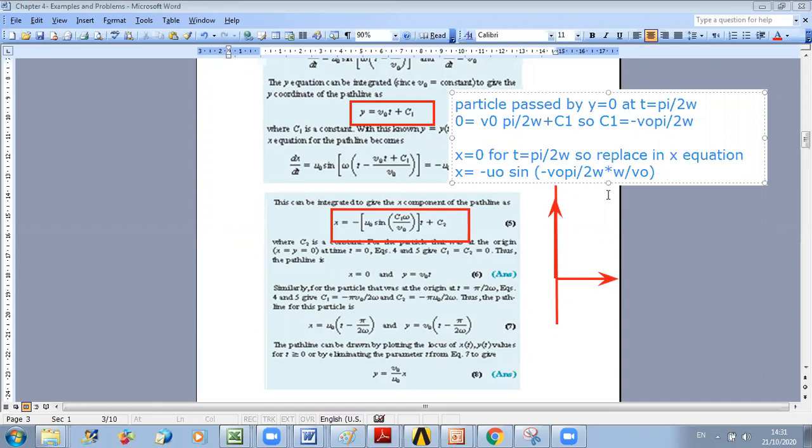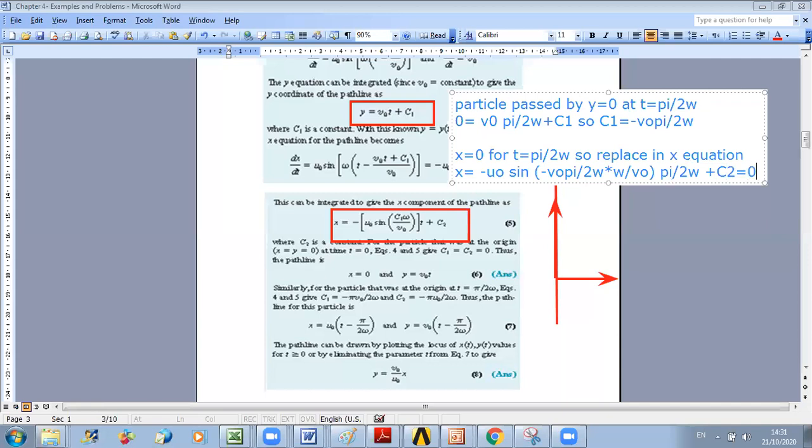And don't forget also to multiply by t, so your result here is multiplied by t, which is pi over 2 omega, plus c2 equals 0.